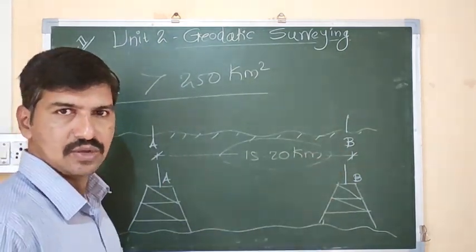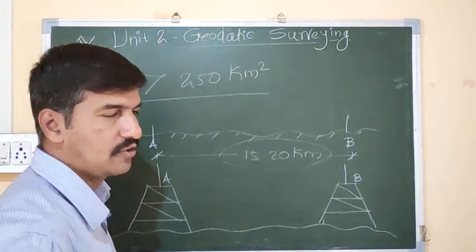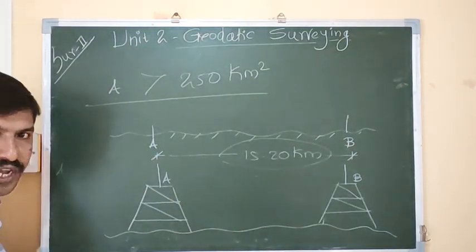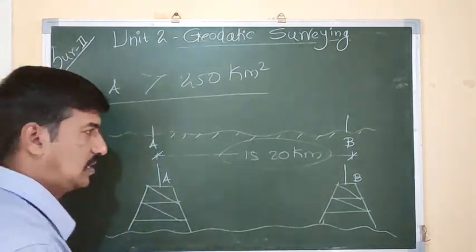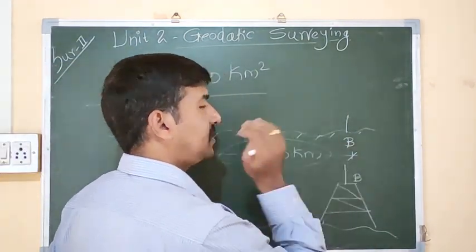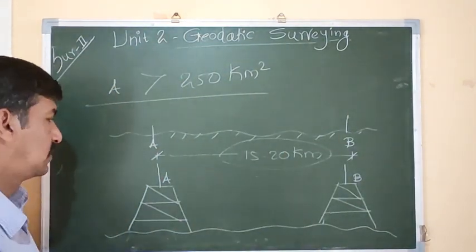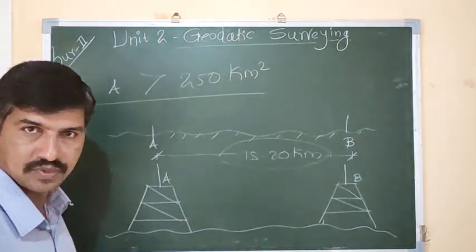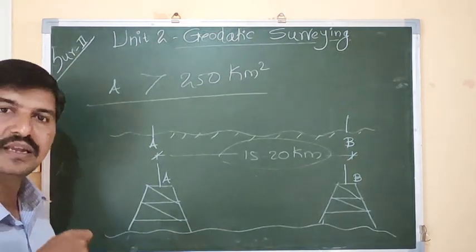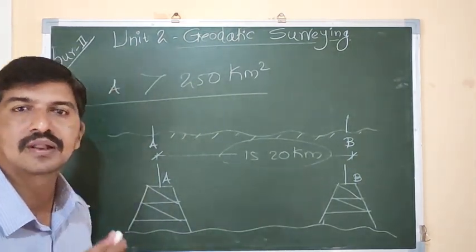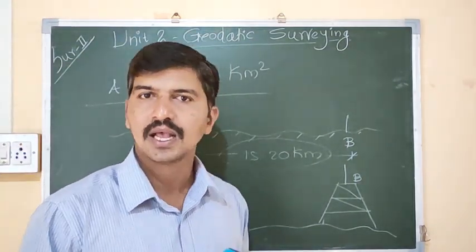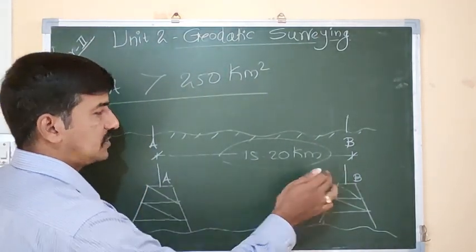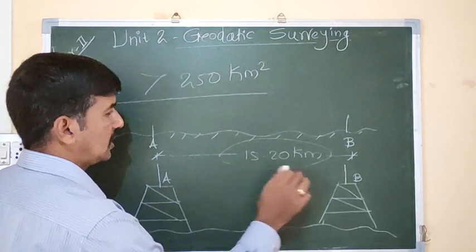So to clear the visibility, what I have done, I have constructed a tower at point A. The same thing, I have constructed a tower at point B, and then by using advanced instruments like total station, any digital or laser level, I may be able to calculate this distance between point A and point B.